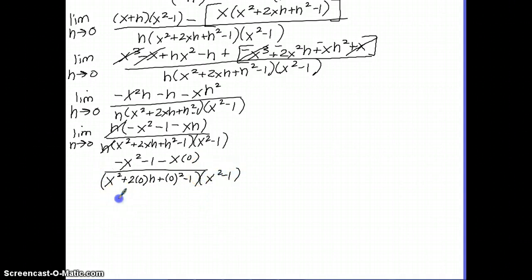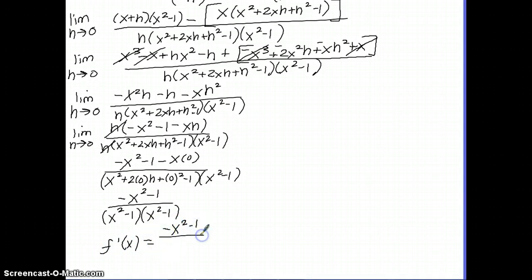So if I simplify this, I've got negative x squared minus just 1 up top. And in the bottom, all these zeros cancel out. I'm left with x squared minus 1 and then another x squared minus 1. So that's going to make our derivative of this function negative x squared minus 1 over x squared minus 1 squared.